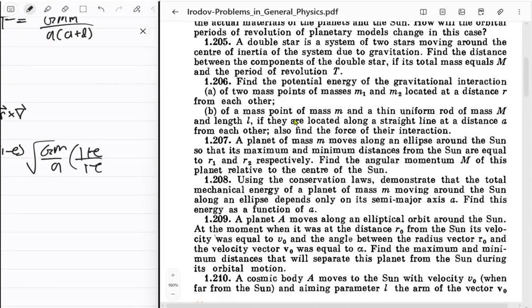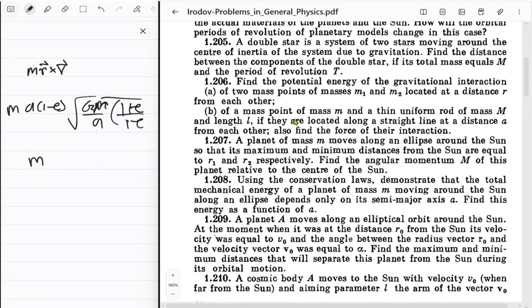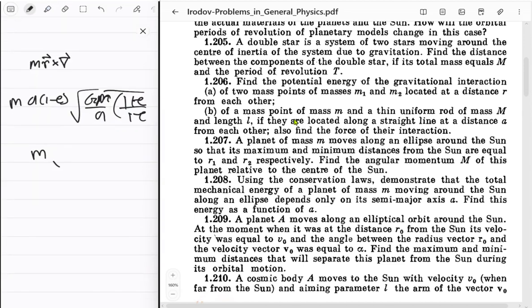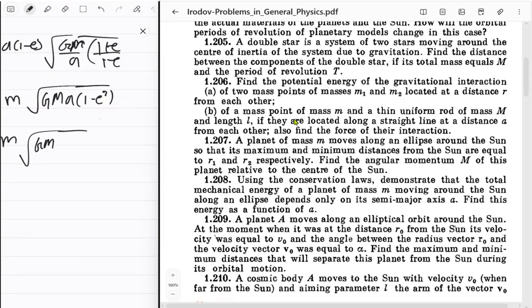This is by the way capital M. So square root of GM times a, and then you got 1 minus e squared. If you think about it, this is just m square root of GM. So 1 minus e is r minimum upon a, and 1 plus e is r maximum upon a.